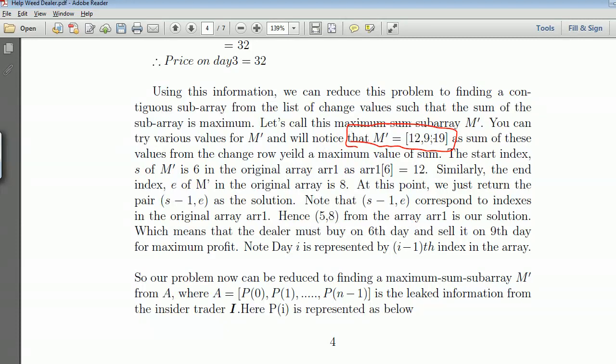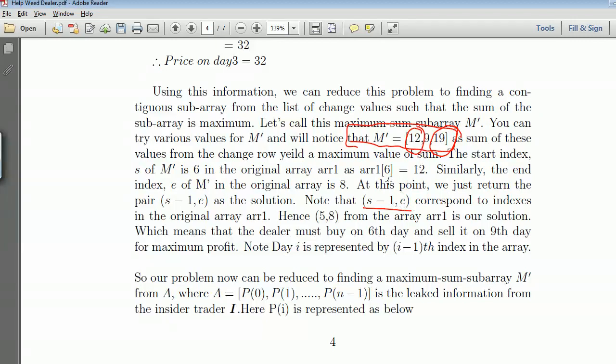So once you find a subarray like this which yields the maximum, now all you need to do is find out the index of 12 in the original array, find out the index of 19 in the original array, and you want to return s minus 1 comma e.